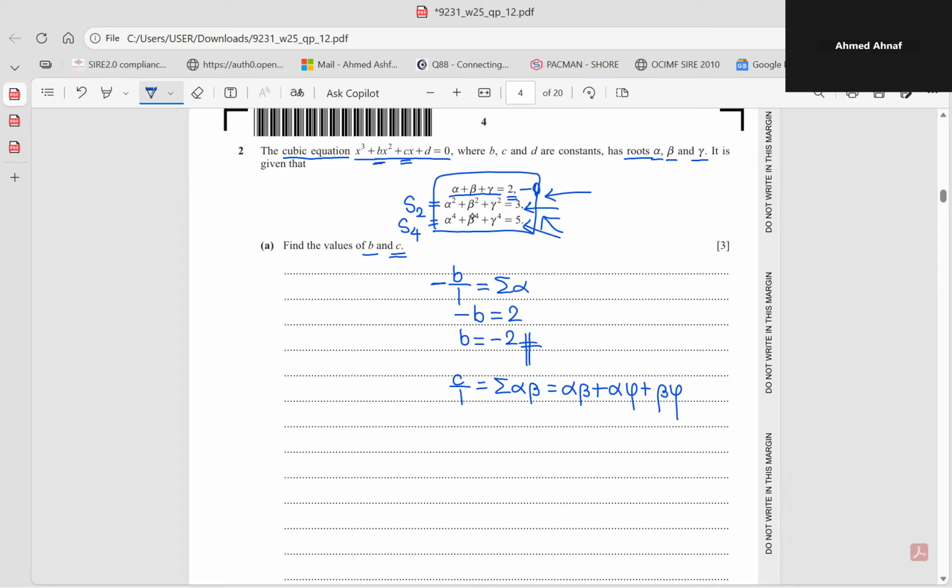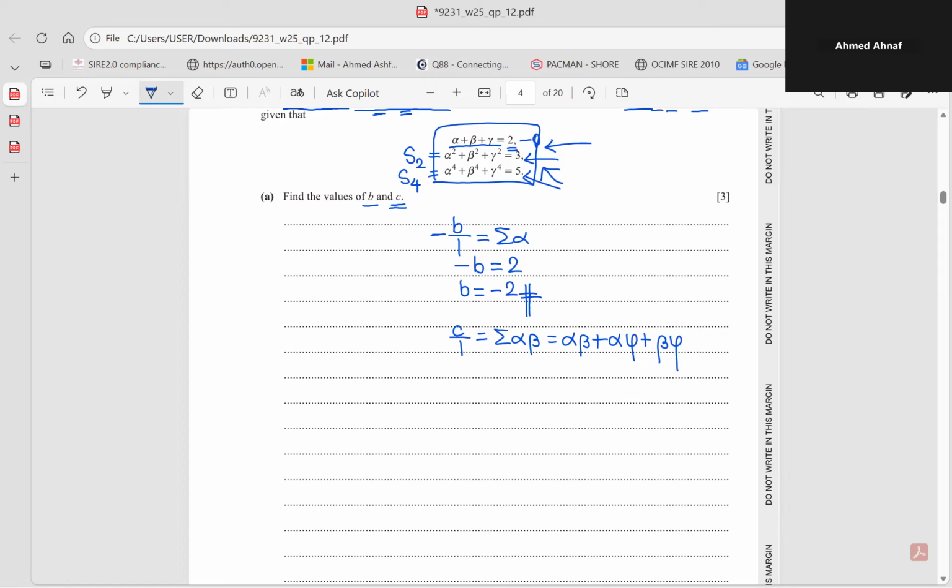And luckily for us, we can do that from the second equation, which is alpha squared plus beta squared plus gamma squared. We can generally write it as S2. This holds for all types of equation, cubic, quadratic, quartic.